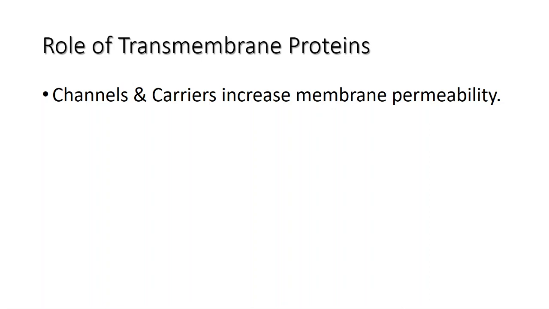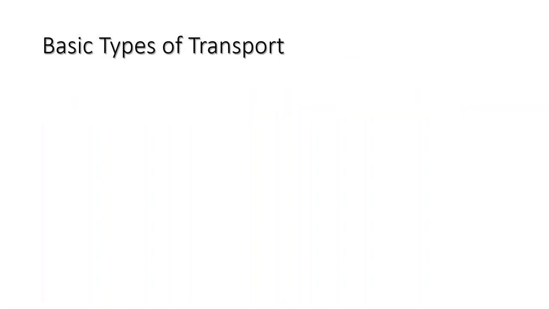Each one helps a specific molecule or ion to cross the membrane. All substances that move through the membrane do so by one of two general methods, which are categorized based on whether or not energy is required.